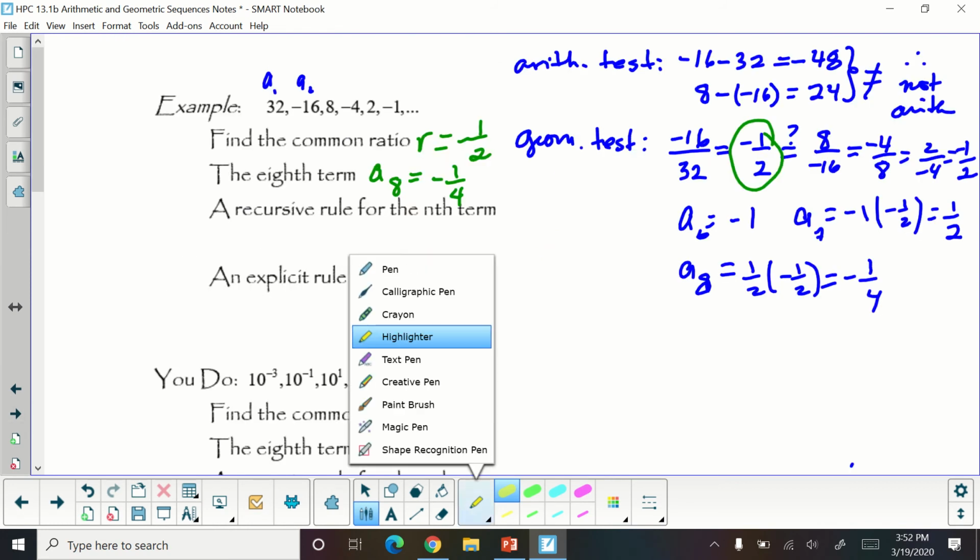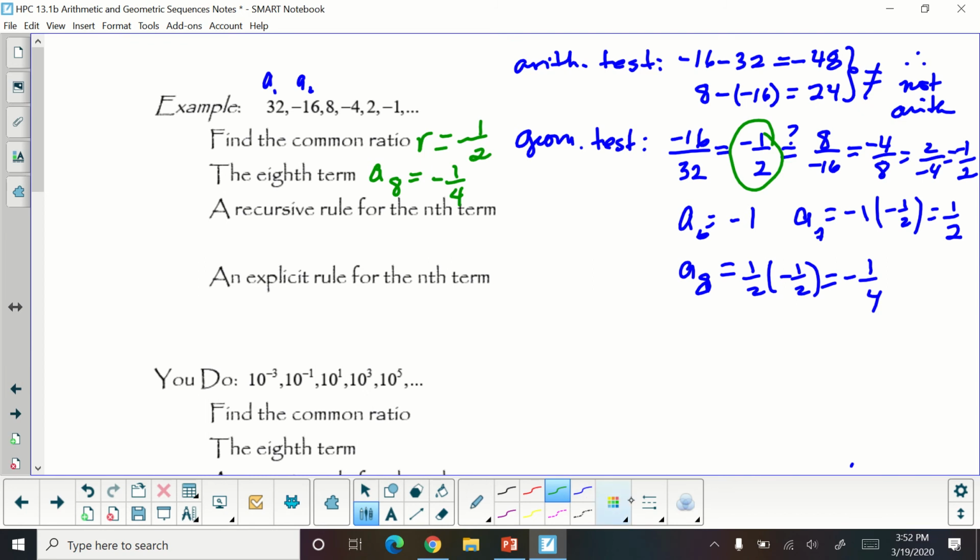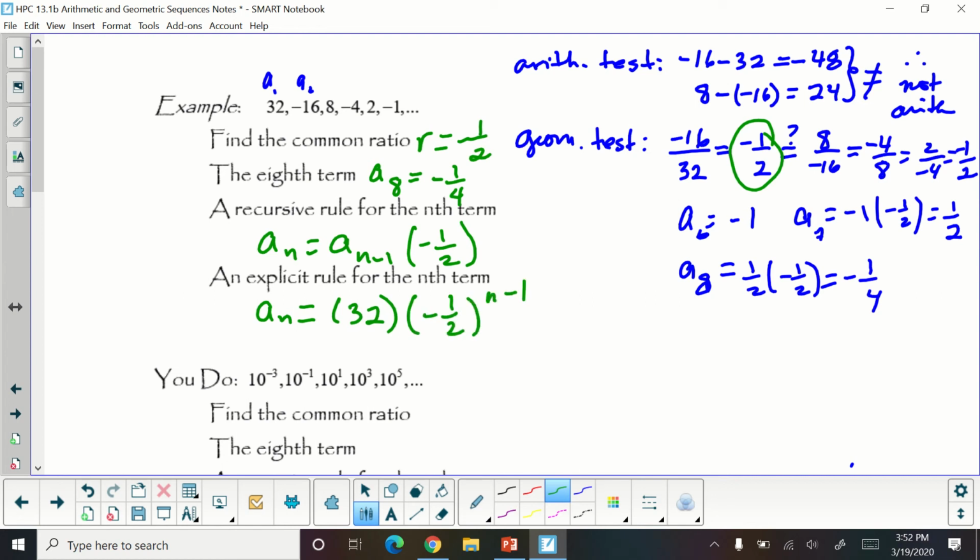So here my recursive rule will be that a sub n is equal to a sub n minus 1 times our common ratio, which is negative 1/2, and our explicit rule will be a sub n equals a sub 1, which here is 32, times our common ratio, negative 1/2, to the n minus 1.